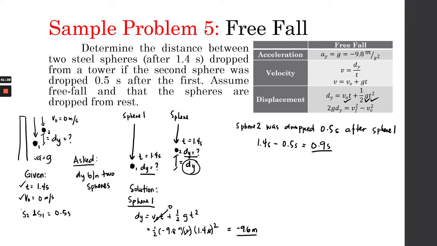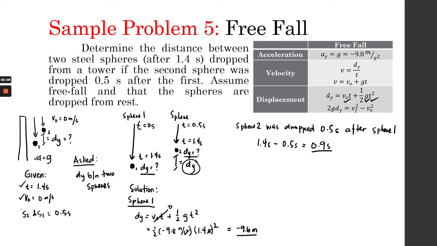Because when sphere 1 was dropped, we were measuring the time from t equals 0 to t equals 1.4 seconds. But sphere number 2 was dropped not at t equals 0, but at t equals 0.5 seconds.